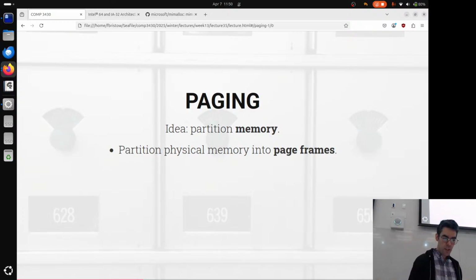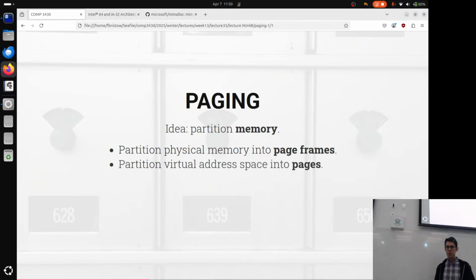I'm going to partition physical memory into page frames, and then I'm also going to partition my virtual address space into pages. Pages go into page frames. So I'm going to have this abstract idea of a page, and it's going to be put into physical memory page frames themselves.